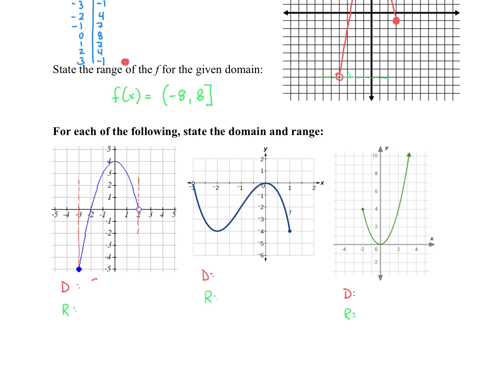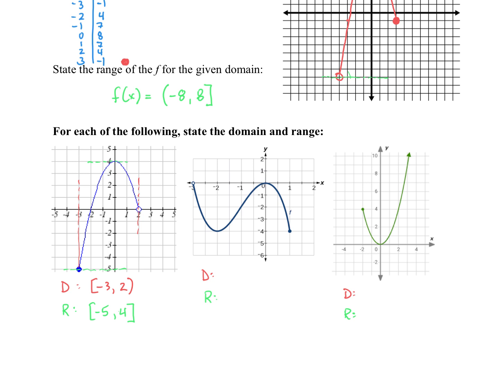So my domain is -3 to +2, and +2 gets a parentheses because that's an open circle. Range is bottom to top. Lowest value is -5, and it's included because this is a closed circle. And the top is 4, and it goes right through that point, so that's also a bracket.